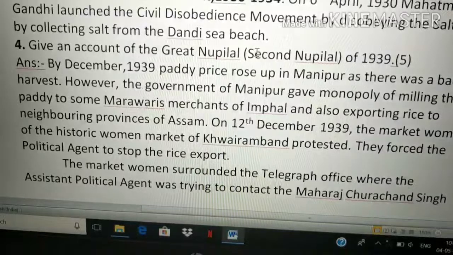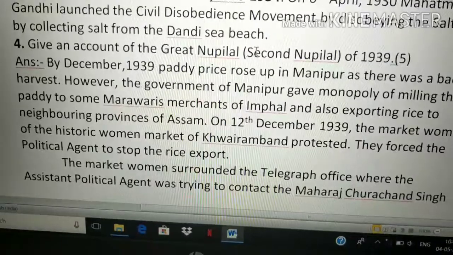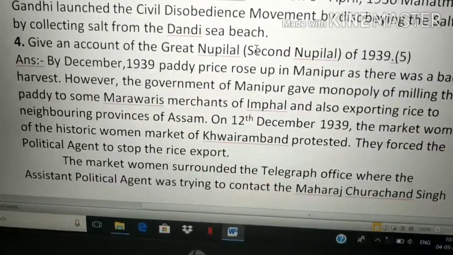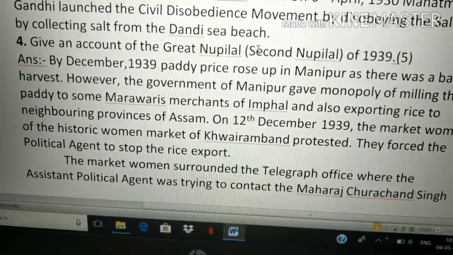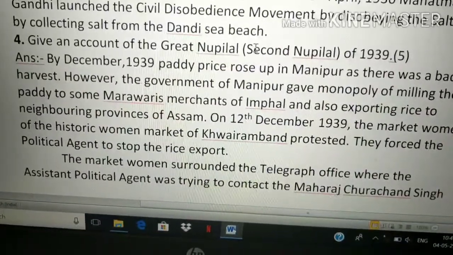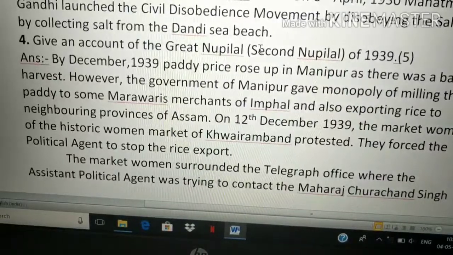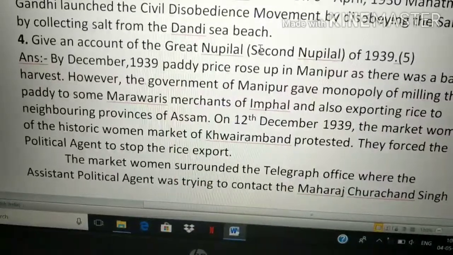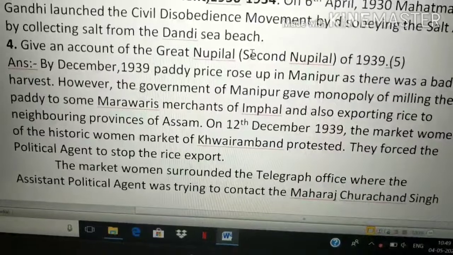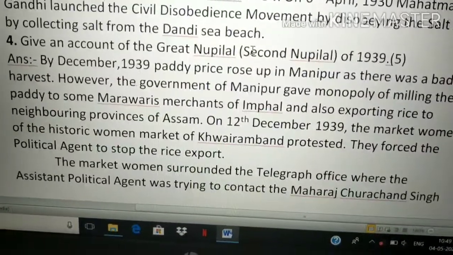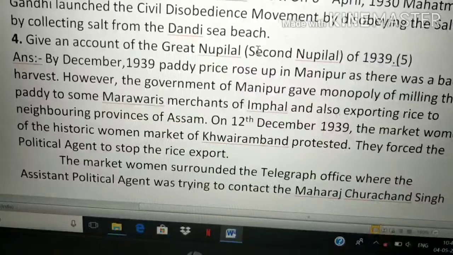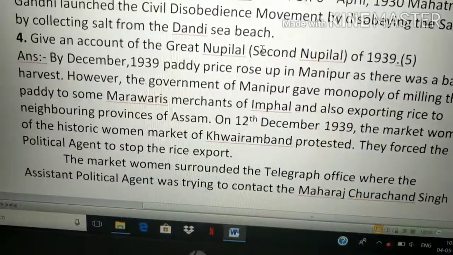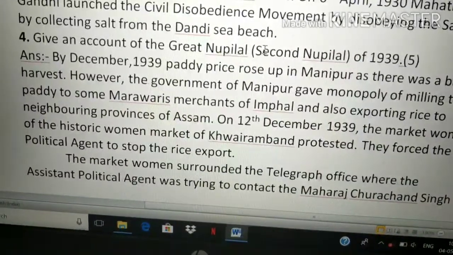However, the government of Manipur gave the monopoly of milling the paddy to some Marwari merchants of Imphal and also of exporting rice to the neighboring province of Assam. On 12 December 1939, the market women of the historic women's market of Khwairamband protested. They forced the political agent to stop the rice export.